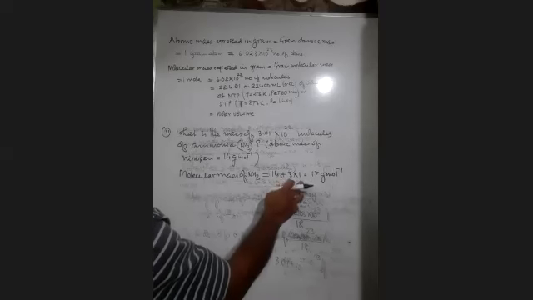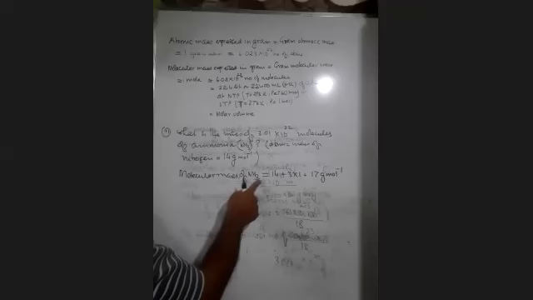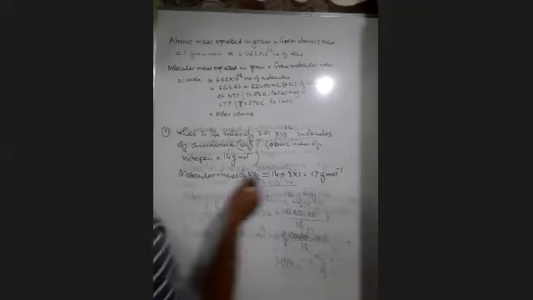How many hydrogens are there? See, NH3, how many hydrogens are there? 3. What is the mass of one atom of hydrogen? 1. For nitrogen, for hydrogen, 3 into 1, 17 gram molar mass.